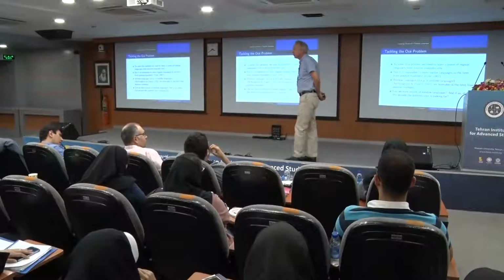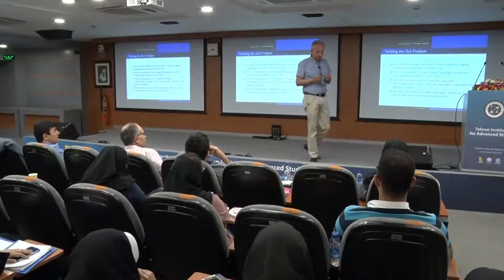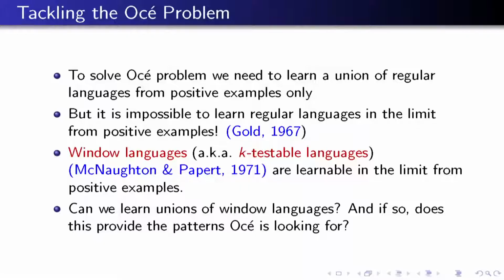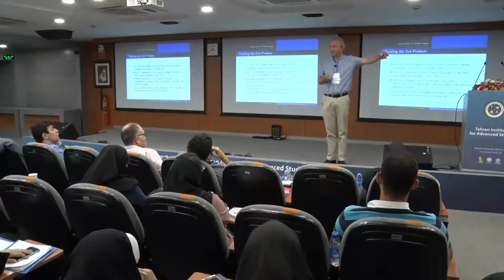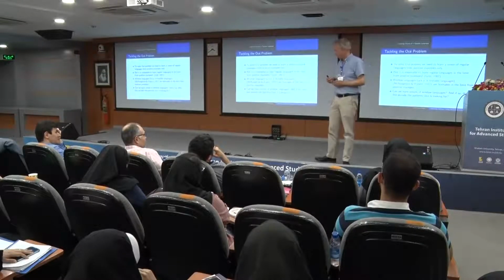So what does it mean, learning in the limit? Well, suppose we have an enumeration of our language. So we have a long sequence, and all the words of the language occur in this sequence. It's an infinite sequence. Maybe there are some repetitions, but eventually you will see every word.